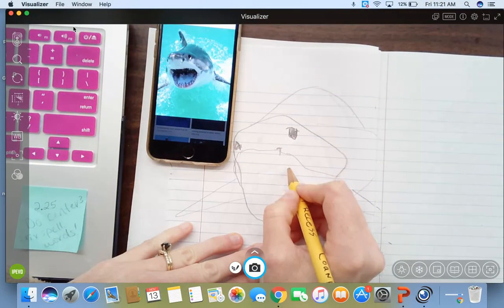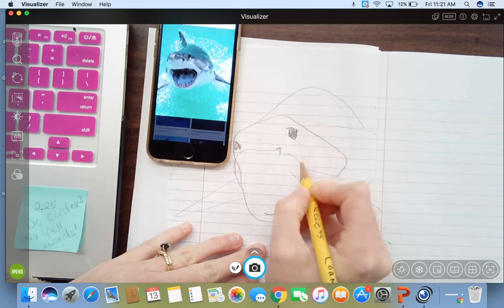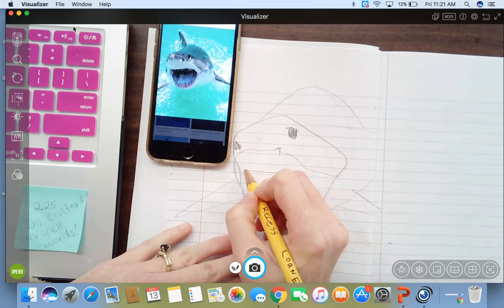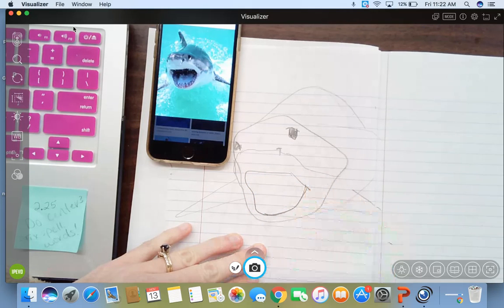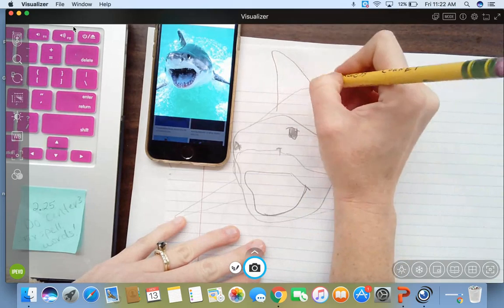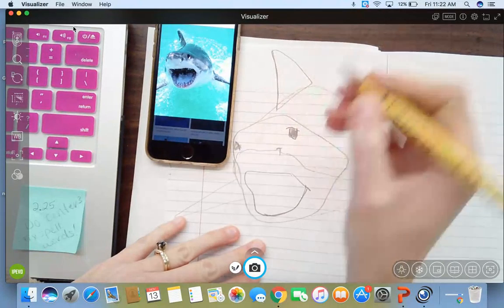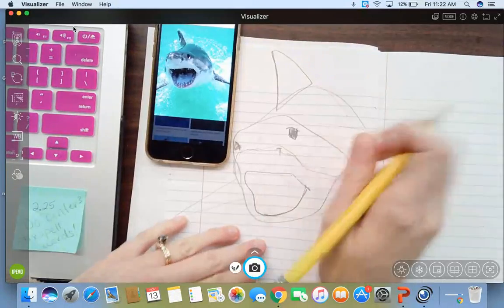Right, now he's got his mouth open. There's his fin. And his nose. I'm gonna fix his eye.